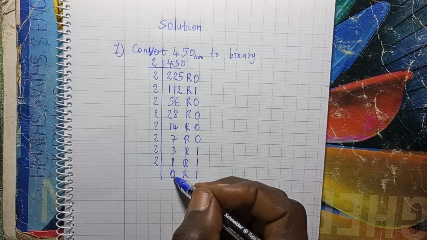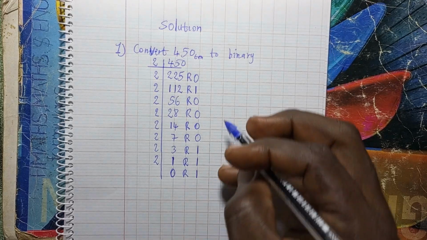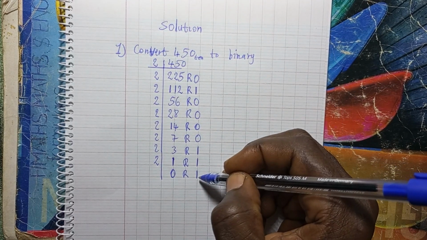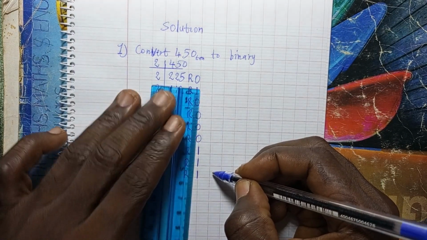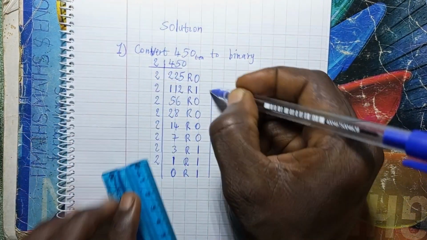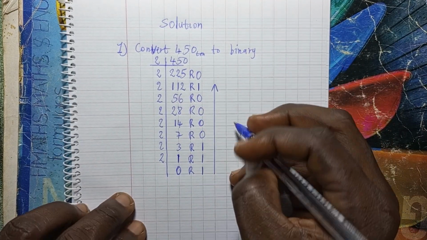So now that I've gotten to 0, what we'll do next is take our answers from down here upward. Take your answers from down upward.